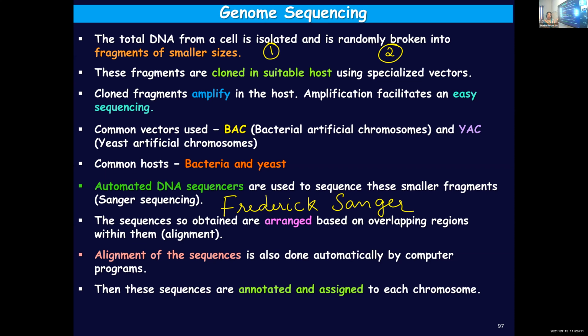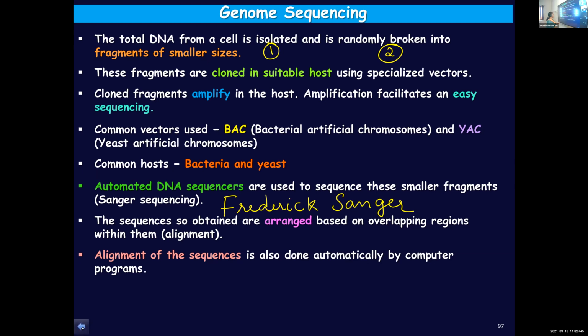And then once the sequences are obtained, they will be arranged on the basis of overlapping regions, and the arrangement or alignment is also done with the help of computer programs. Once that is completed, then annotation is done. Annotation means to identify the location where this particular sequence is present, in which chromosome, what function they perform. All that is decided or determined.